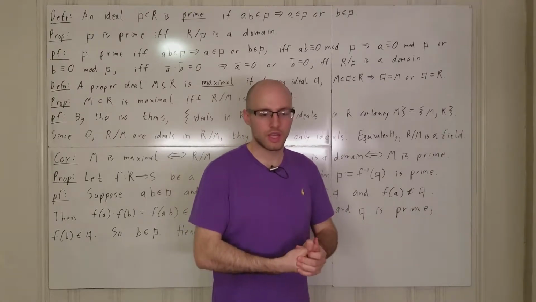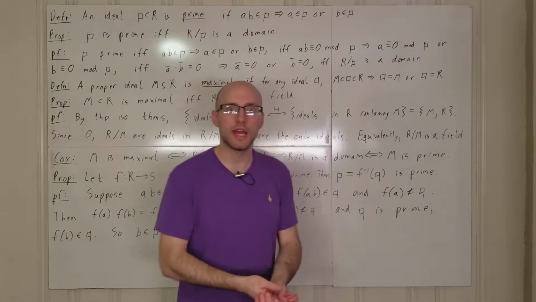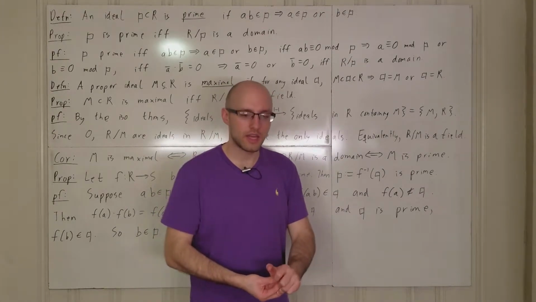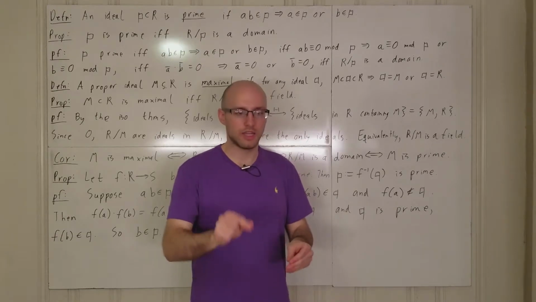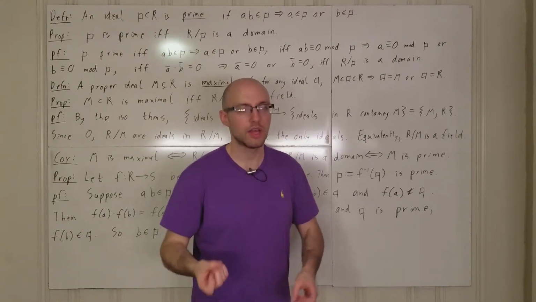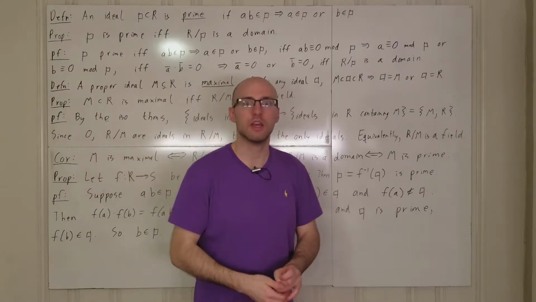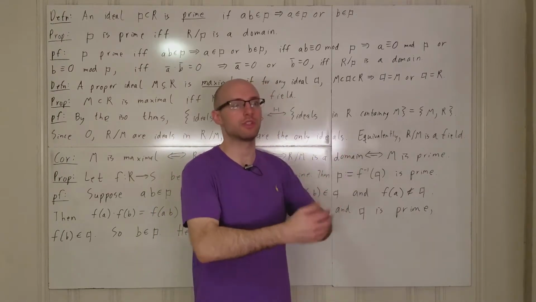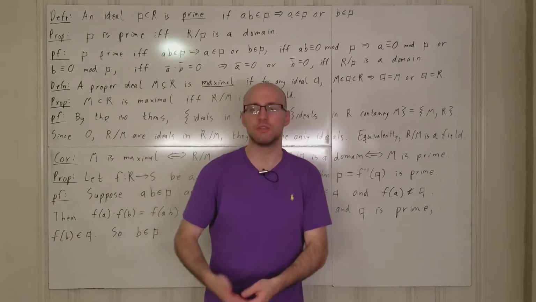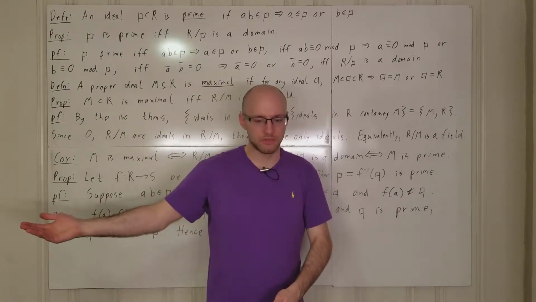But if you multiply an element by its multiplicative inverse, you get the element 1. And so what we've shown is that if you have a non-zero ideal in a field, then that ideal contains the element 1. And once you contain 1 in an ideal, you contain the entire ring, because to get any element, you just take 1 and multiply it by that element, and that has to be an element of the ideal, and so in this way you can get every element of the ring.